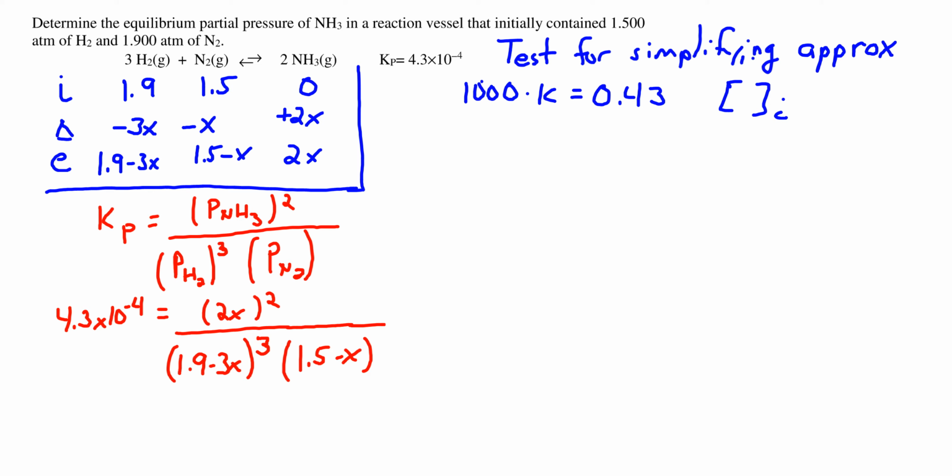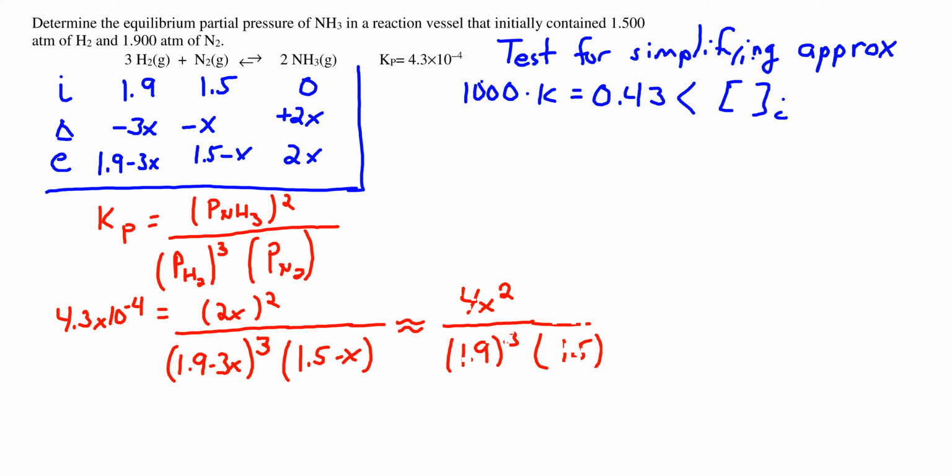So we look at our initial concentrations, and they are both larger than 1,000 times K. So we can use our simplifying approximation.